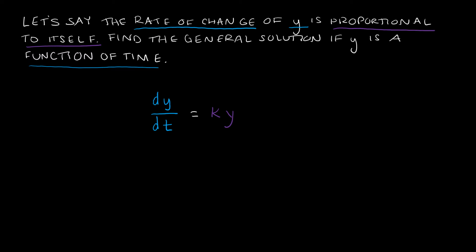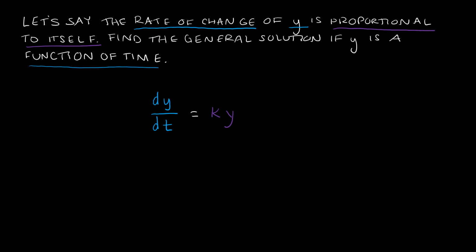Now from here, if we want to find the general solution, well, now we're going to use integration, which we've been practicing. So let's integrate, keeping in mind, of course, that we want y's with y's, and k is just some constant, so it's like a plus c type of situation, although we're not adding. But let's go ahead and rearrange before we try to integrate.